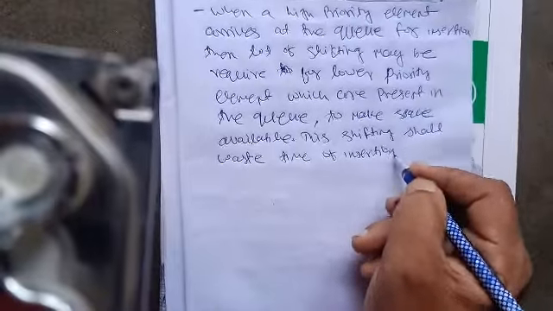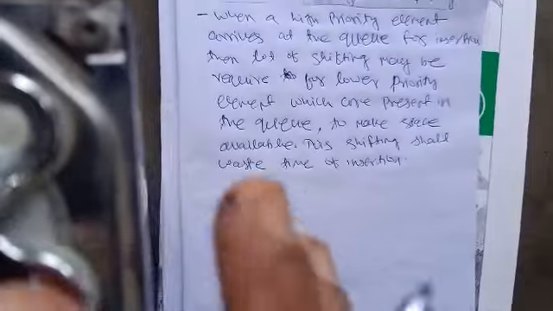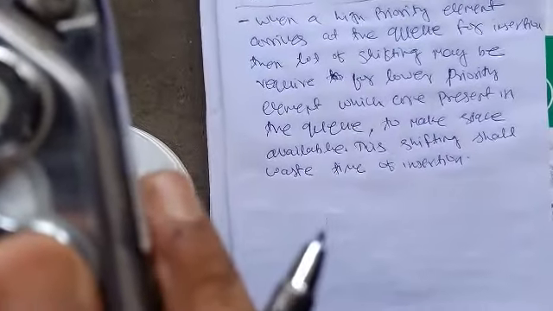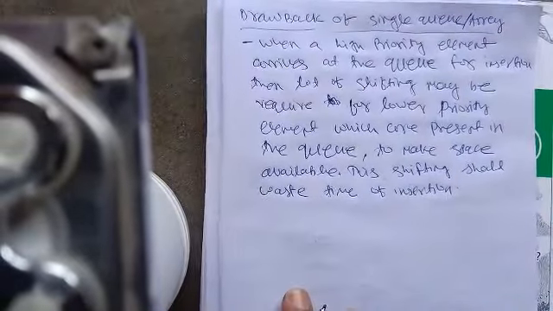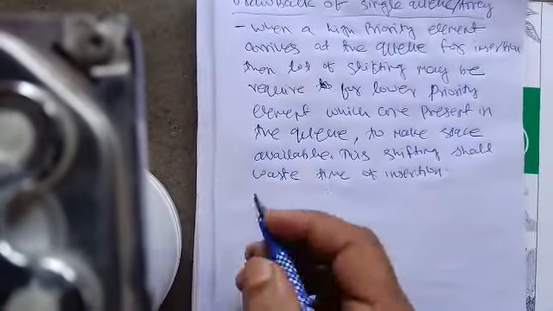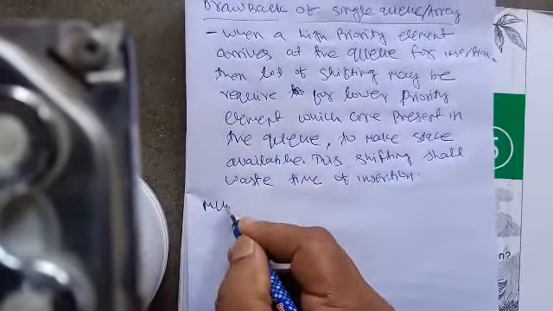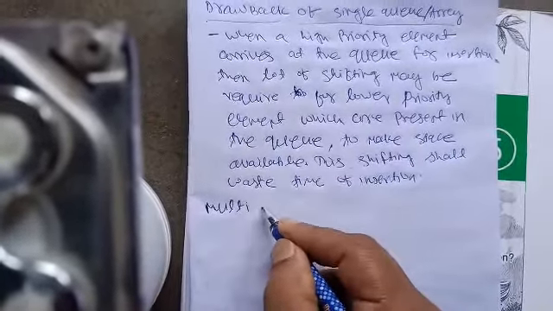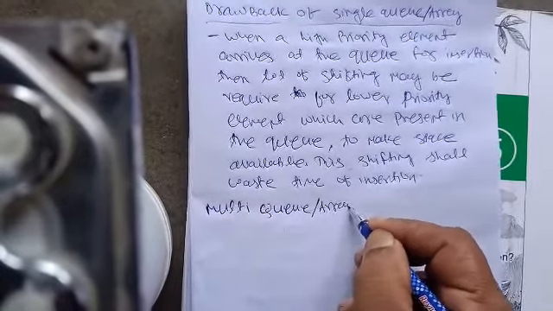So to insert one single element, it will consume a lot of time. Therefore, instead of using a single array structure, we will use a multi-queue or multi-array structure. Next we will see the multi-queue or multi-array structure.